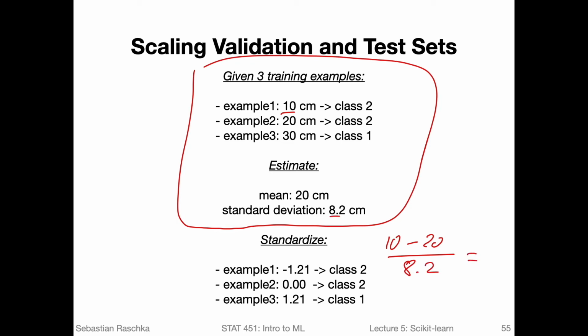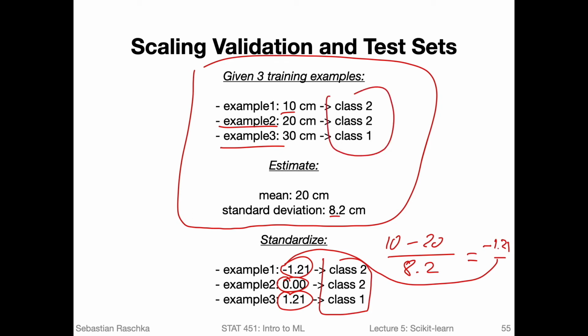So this one would be our first one, which is minus 1.21. It's from here, right? And then I repeat the same thing for example 2 and example 3. So what I get as the new feature values is 0 here and 1.21 here. Of course, this does not affect the class labels at all. It shouldn't. It's just scaling the features, so the class labels are just as before.